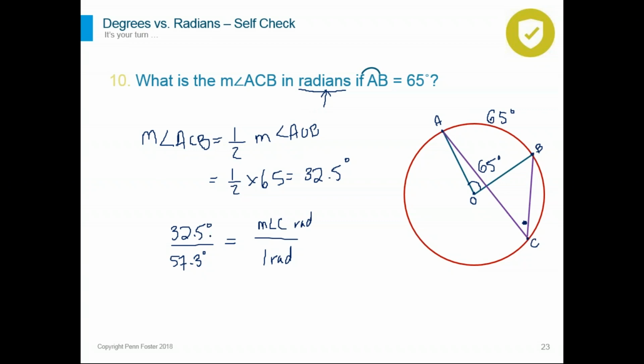Solve the proportion, so multiply then divide: the angle measure C or ACB in radians equals 32.5 times 1 radian divided by 57.3 degrees. Use your calculator of course, and that would be 0.56 radians, and the answer would be C.